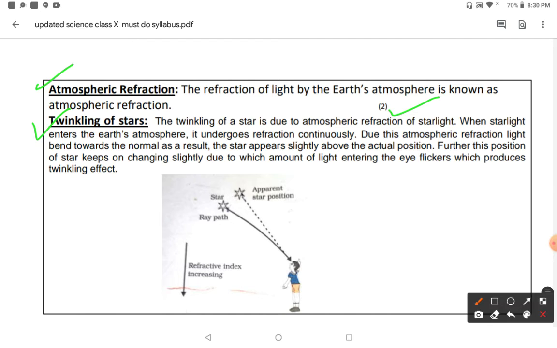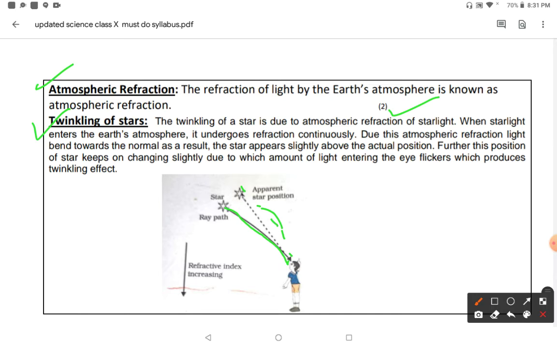When the starlight enters the earth's atmosphere, it undergoes refraction continuously, and due to this atmospheric refraction, light bends towards the normal. As a result, the star slightly appears above its actual position, and further this position keeps changing slightly, due to which the amount of light entering the eye flickers and produces a twinkling effect.